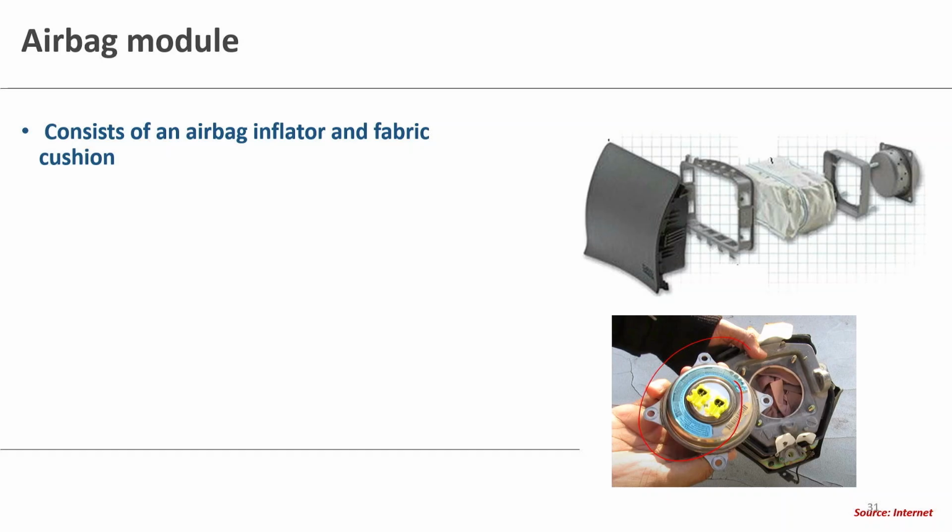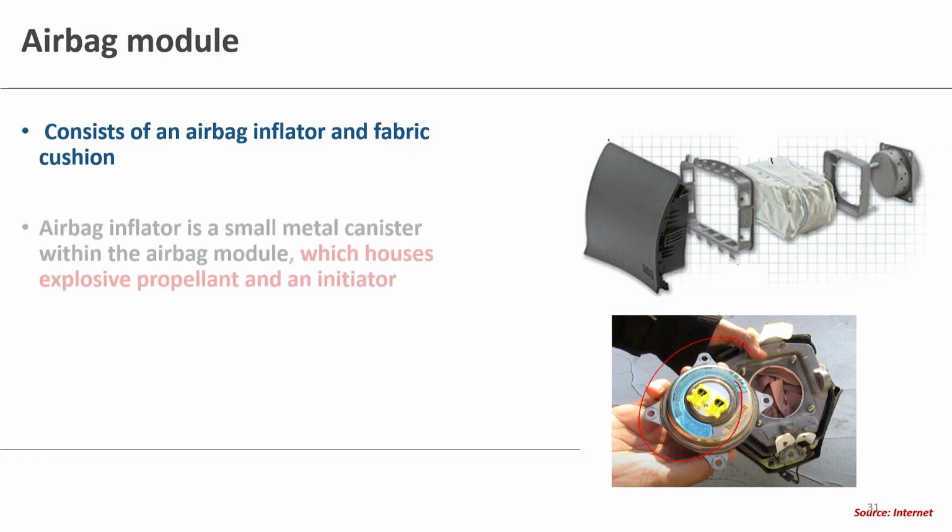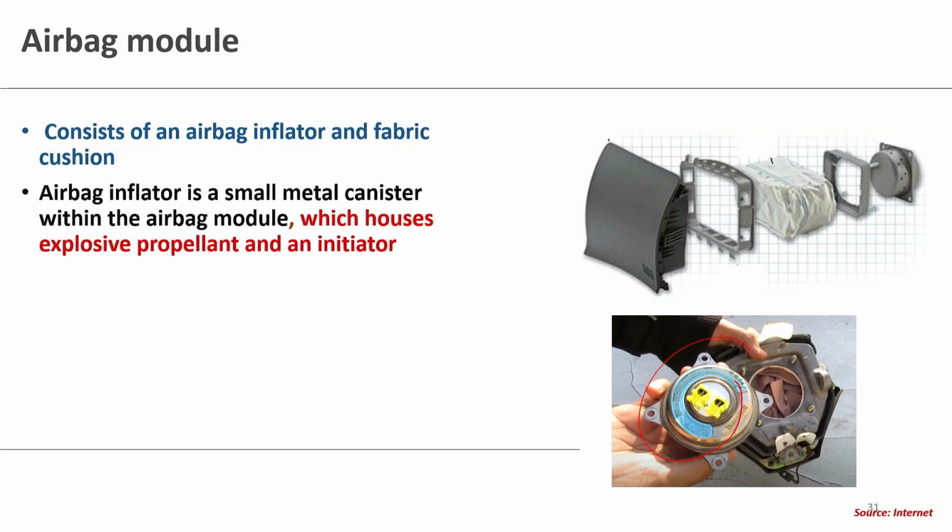The fabric airbag is folded and kept inside. The airbag inflator is a small metal canister within the airbag mold.